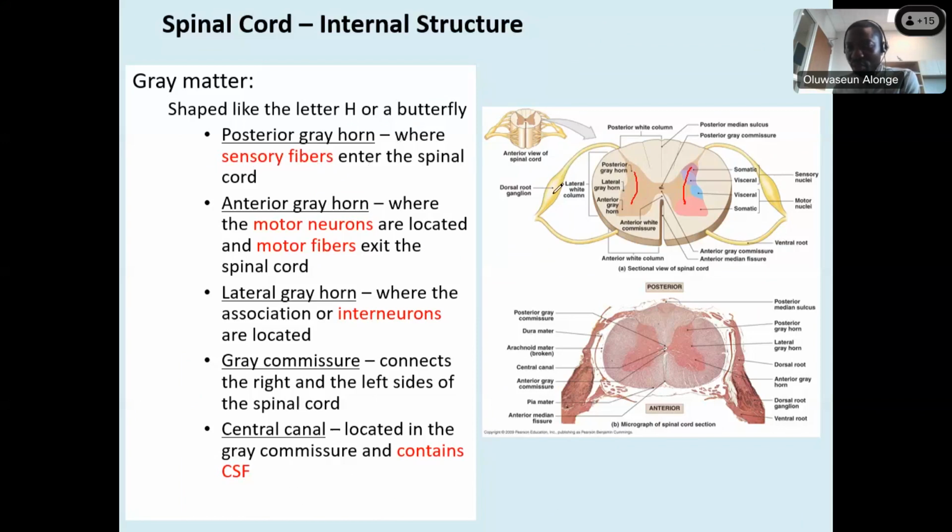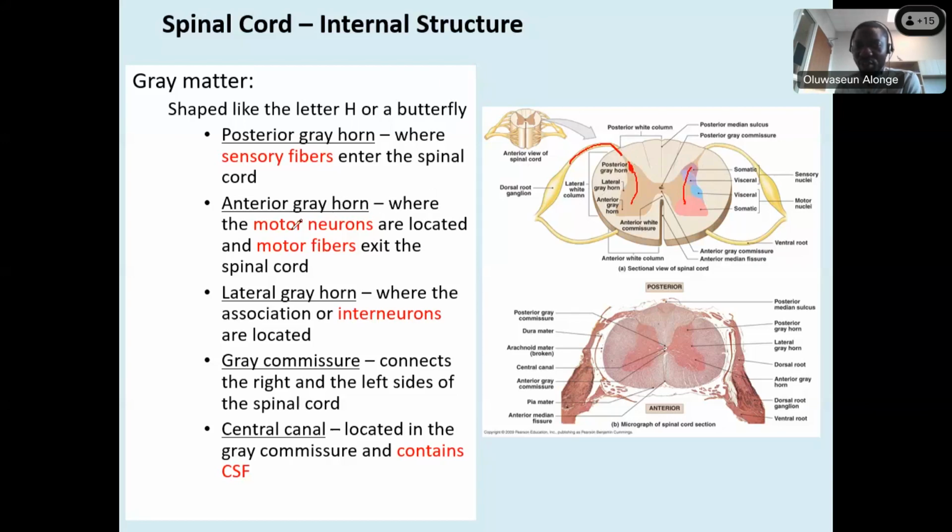So when this posterior root brings information, the information comes in through the posterior horn. Now I told you the posterior gray horn touches the root of the spinal cord here, but the anterior does not. So that means sensory information comes in through here.